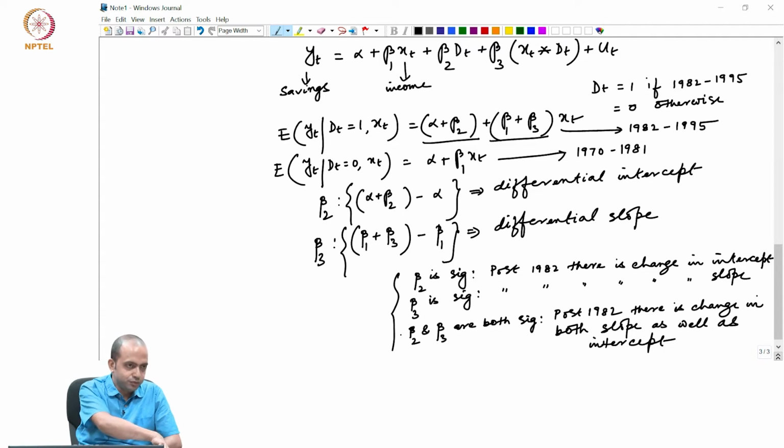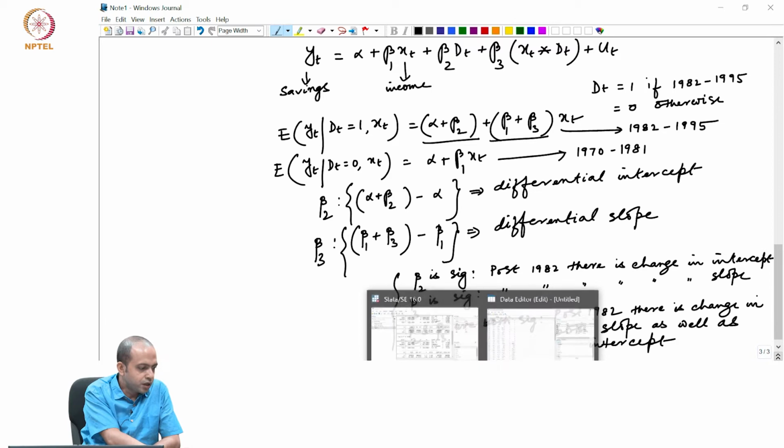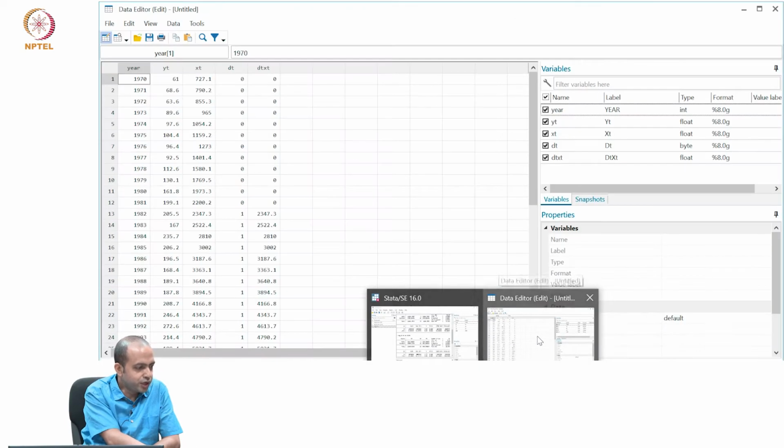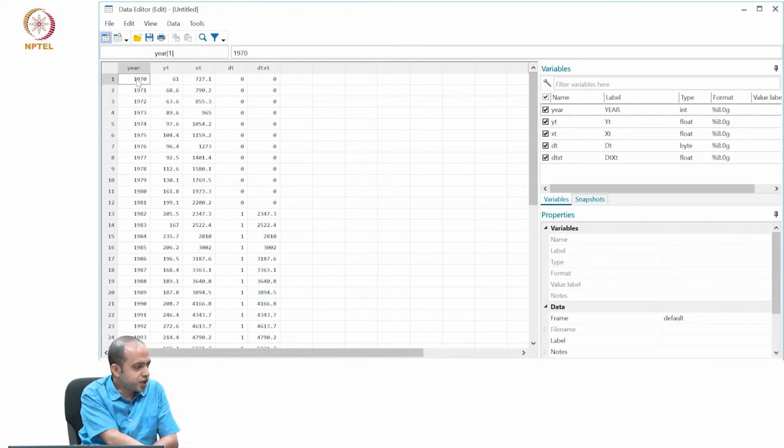So, now what we will do? We will just estimate the model. I will show you the data set. Look at the data set first. See, this is 1970 to 1995 data. YT indicates saving, XT indicates income, and this DT is basically the dummy, and DT/XT is the interaction between the dummy and the quantitative covariate XT.